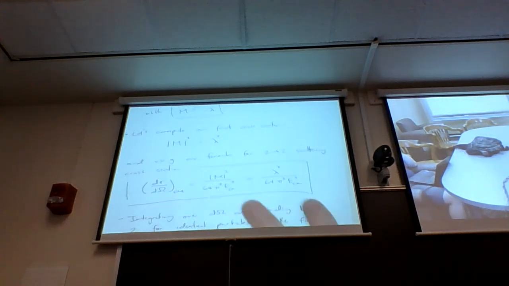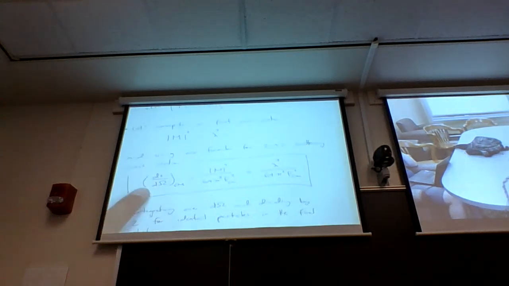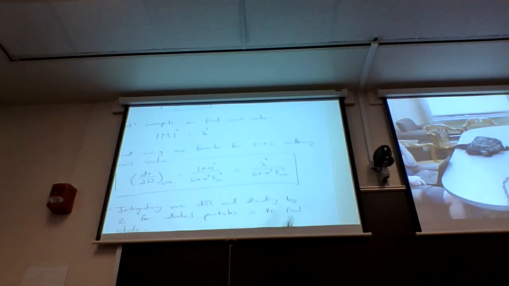Like I said, it's boring because there's no theta or phi dependence. There's no angular dependence, right? So I can go straightforwardly and just integrate over the solid angle, but I also have to remember that I've got identical particles in the final state, right? So at that point, after I do the integration, I have to account for that by dividing through by a factor of 2, okay?